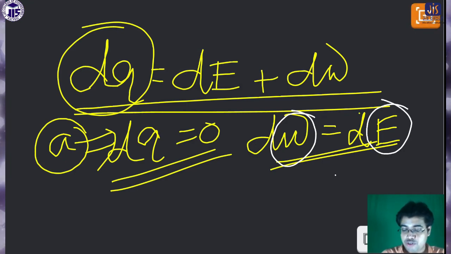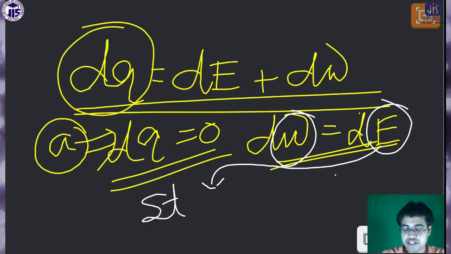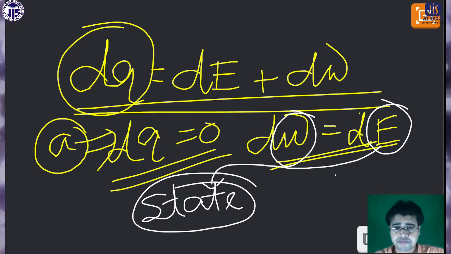Now all of you know very well that E is a state function, because internal energy depends only on the initial and final state of the change. It will not depend on the path. So if E is a state function, then obviously W will be a state function, because it is not possible that only W will be a path function and E a state function.